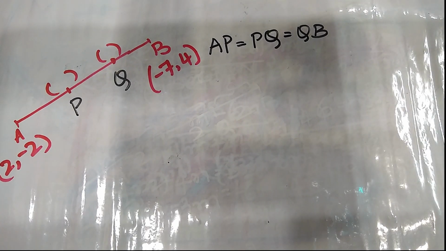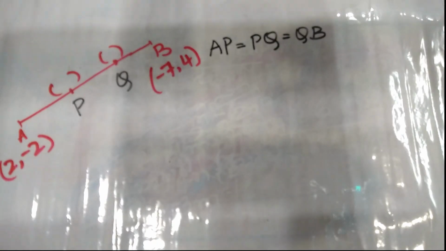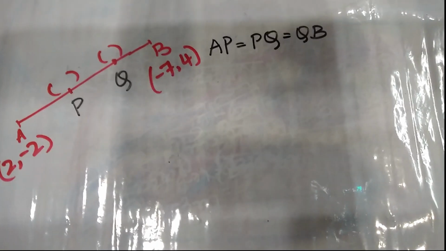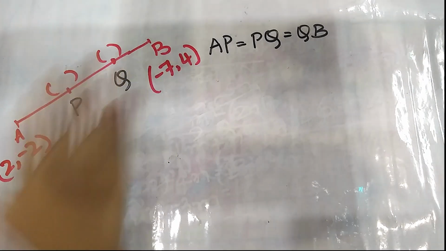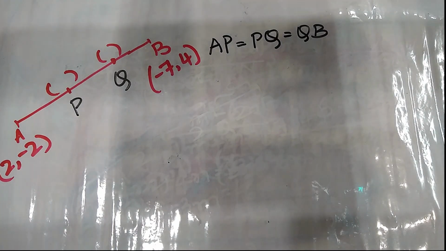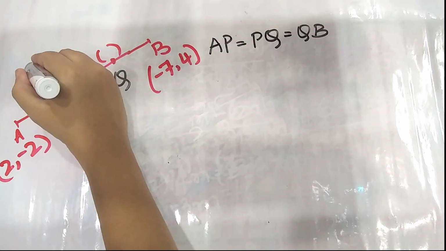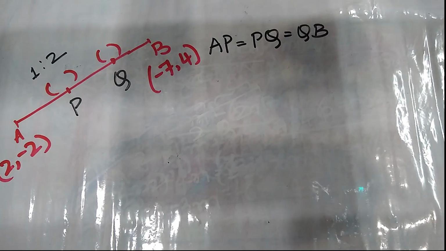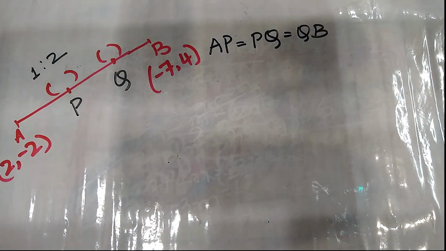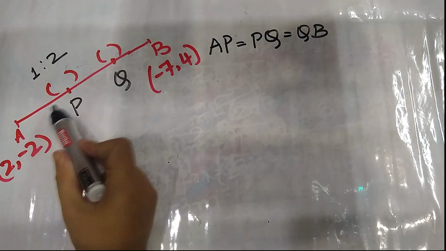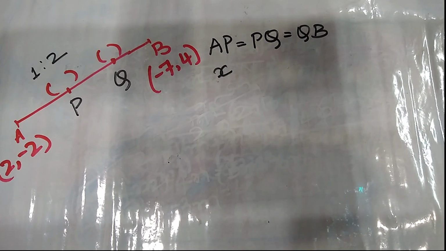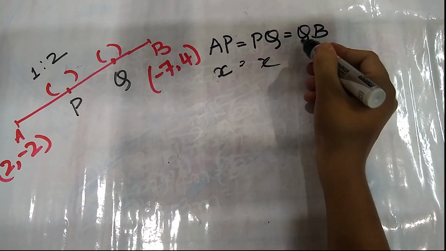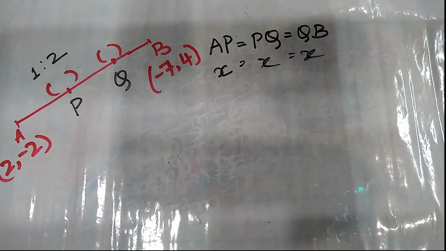Now, according to this trisection of this line, we can say that this point P divides this whole line AB in the ratio 1 is to 2. Why 1 is to 2? Let me just say that this distance AP is x, which means PQ should also be equal to x and QB should also be equal to x, right?